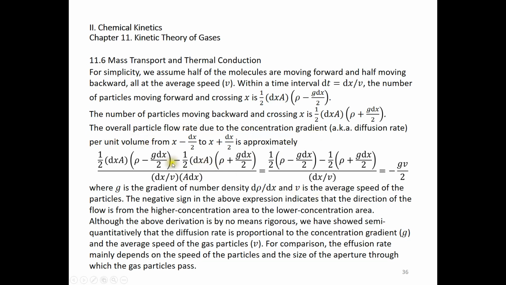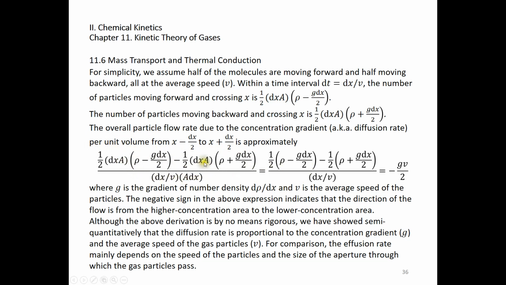We have this fairly complicated equation, but on top, this is the number of particles moving forward minus the number of particles moving backward, so that we have a net flow rate. This is just the time interval, and over here we just want to know the flow rate per unit volume.